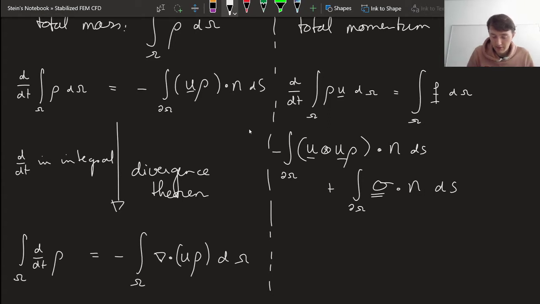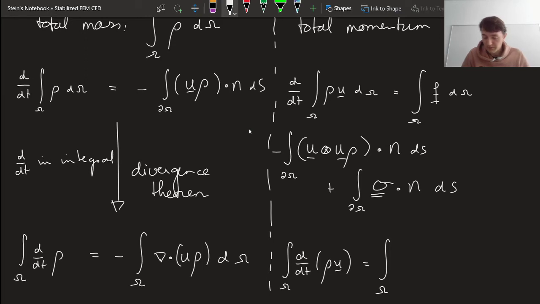And then I have the integral over my control volume of d/dt of rho u. It's going to be equal to, I'll first do the divergence theorem on these volume integrals. So that gives me minus u tensor product u times rho.